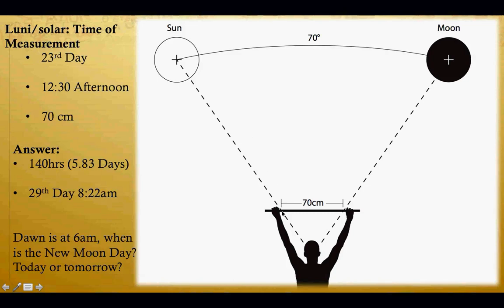And you can see right between those two dotted lines, that is 70 centimeters. Well, that 70 centimeters is perfectly reflective of the amount of degrees in the air, right?